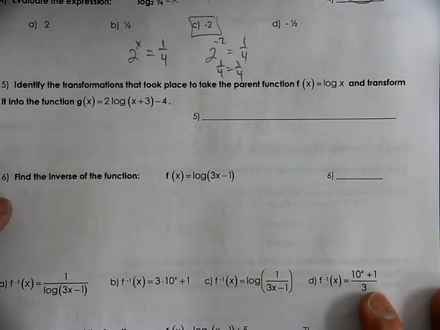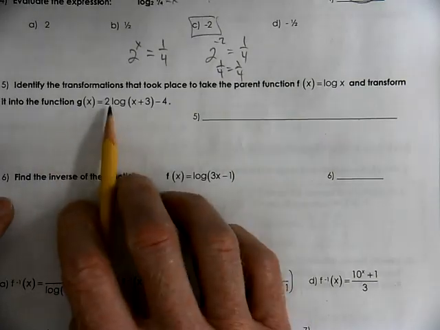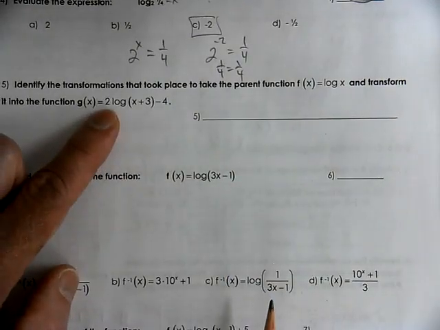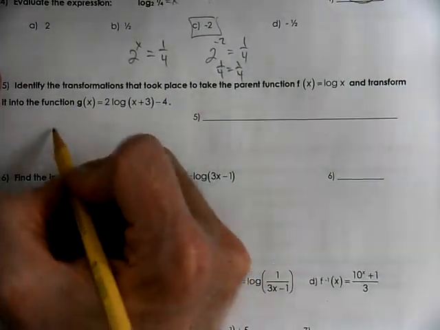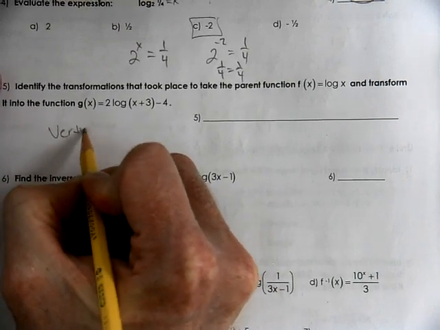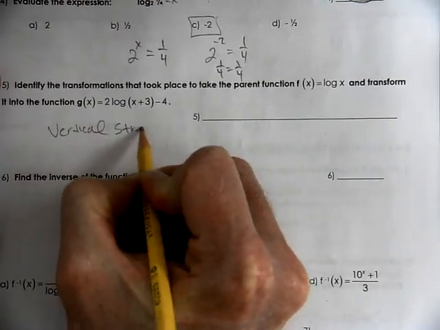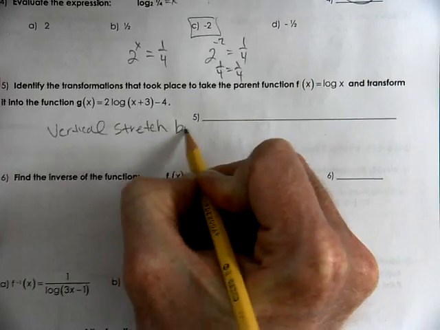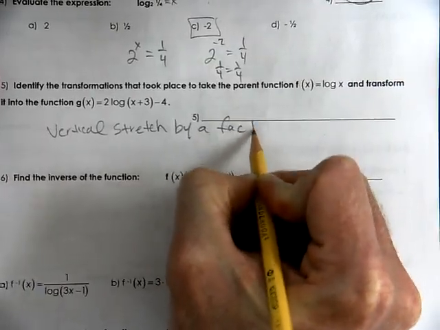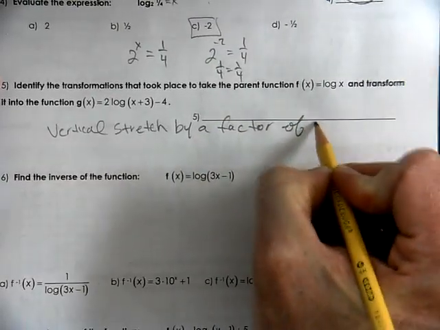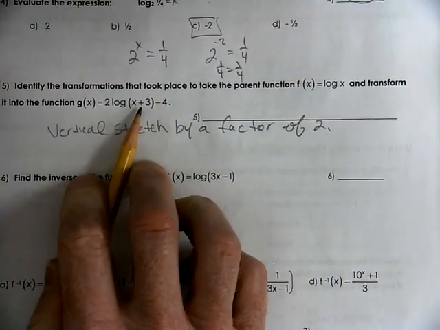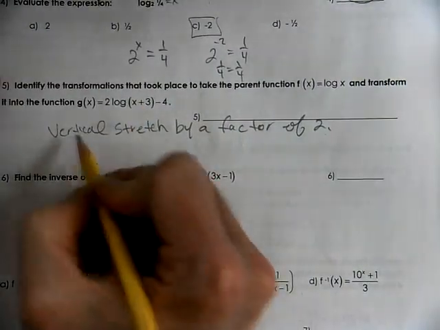Identify the transformations that took place. We have a vertical stretch by a factor of 2. And we're translated to the left 3 and down 4.